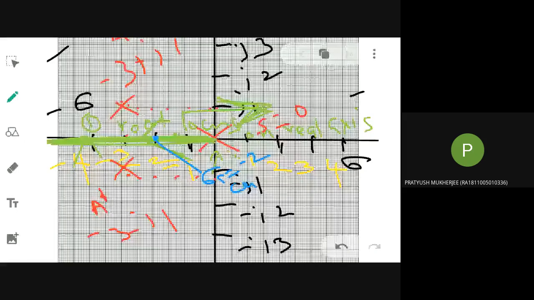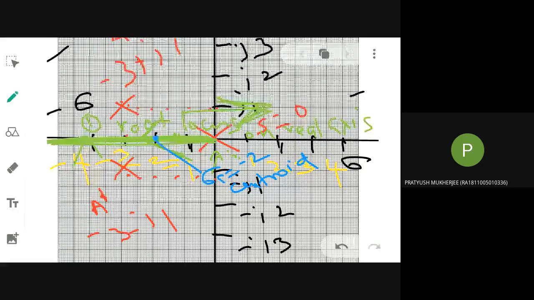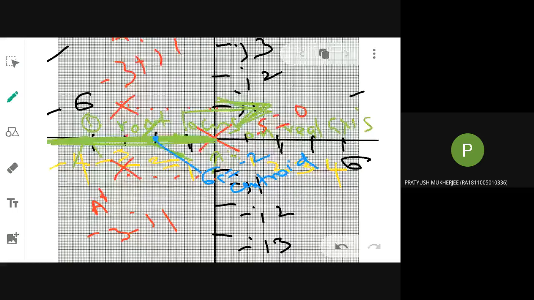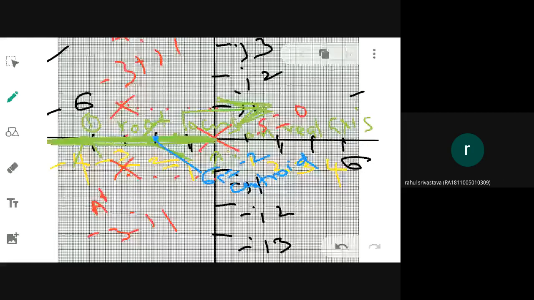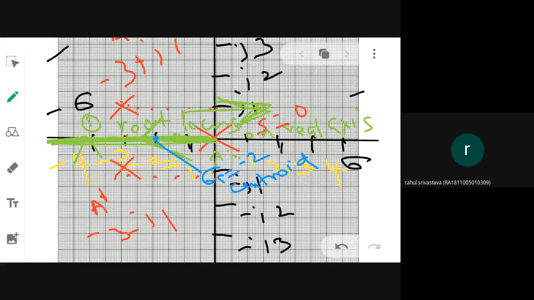Using compass, I have to take an angle of, what are the two angles that I have calculated? The two angles of asymptote are plus minus 60, at the centroid point. The centroid point I have marked, sigma A is equal to minus 2, on the negative x-axis.